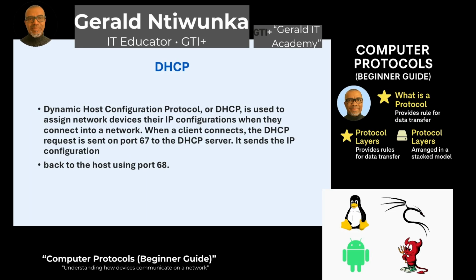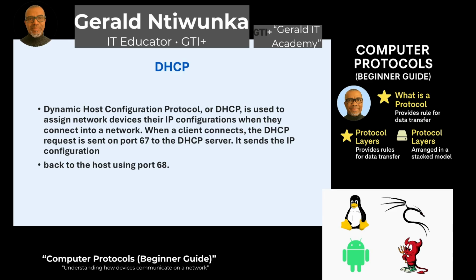Now, the next protocol on our list is Dynamic Host Configuration Protocol, or DHCP. This protocol is used to assign network devices their IP address configuration when they connect to a network.